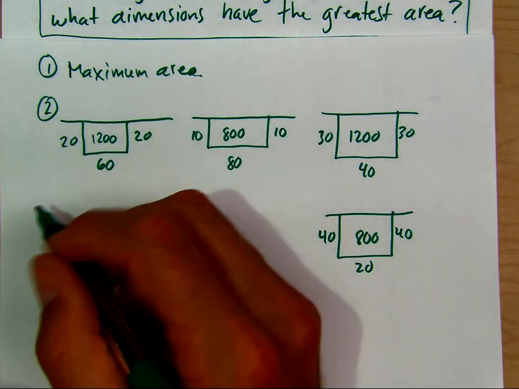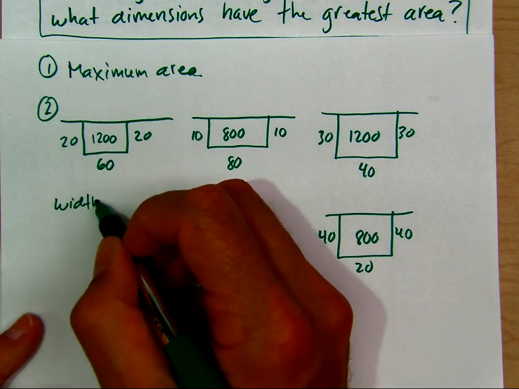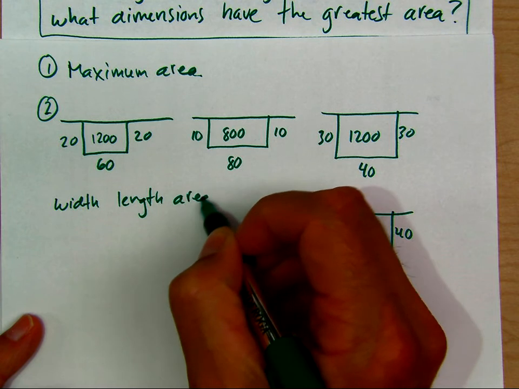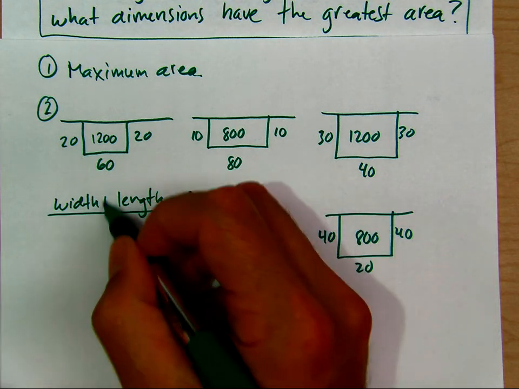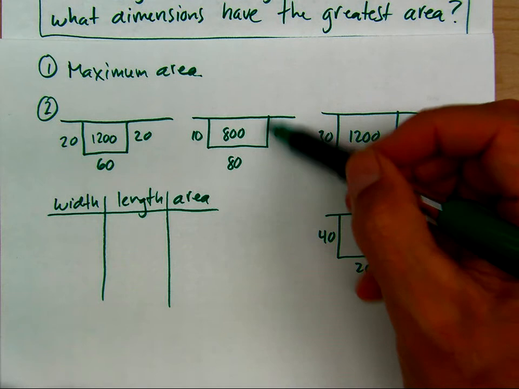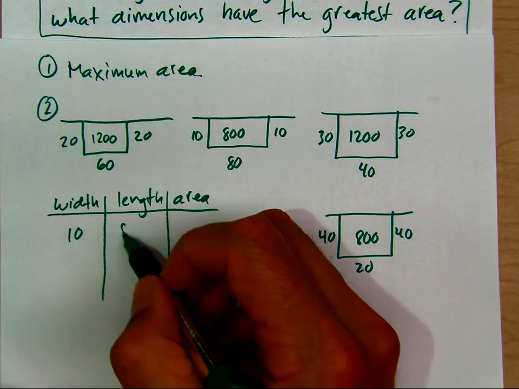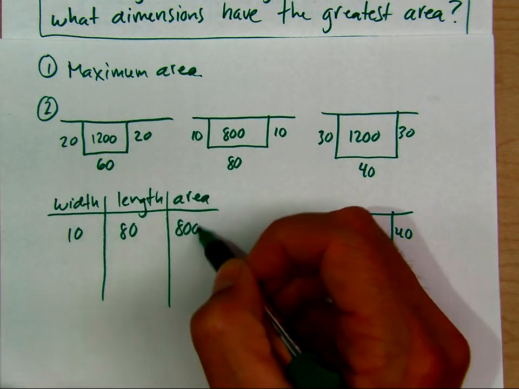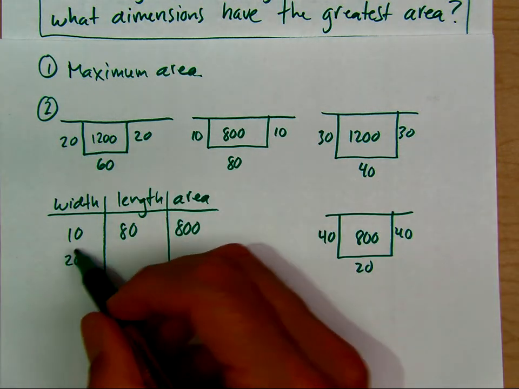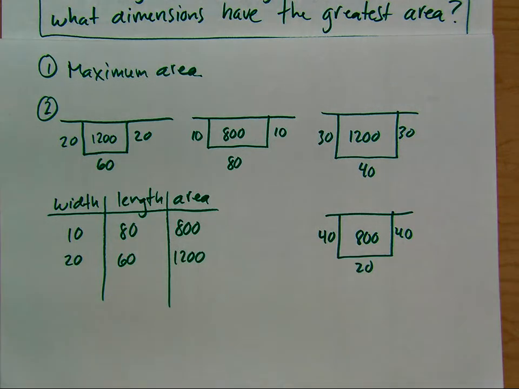So let's look at the width, length, and area. Let's call this the width. Here we had a 10 by 80, and we had 800. As we increase the width to 20, 20 by 60, we have 1200.